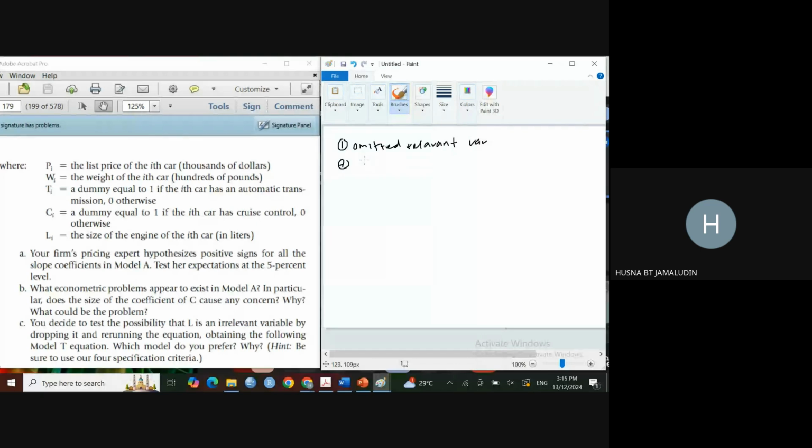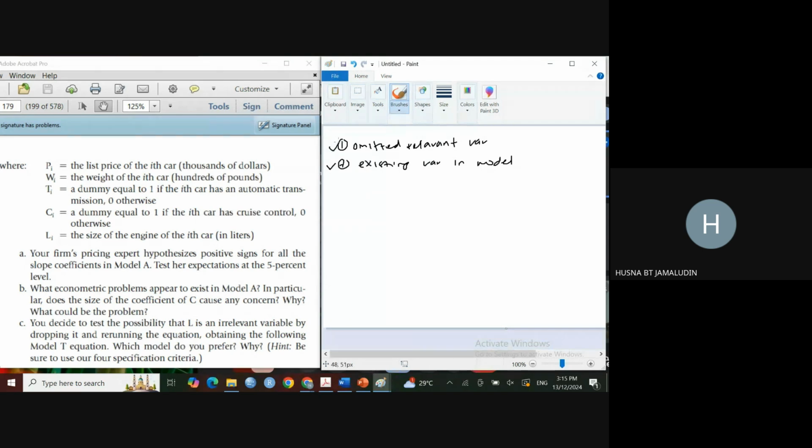Are they all relevant? Now we have gone through number 2: when we look at all the variables, the weight and the size shouldn't be together. You should drop one. So we have addressed number 2.